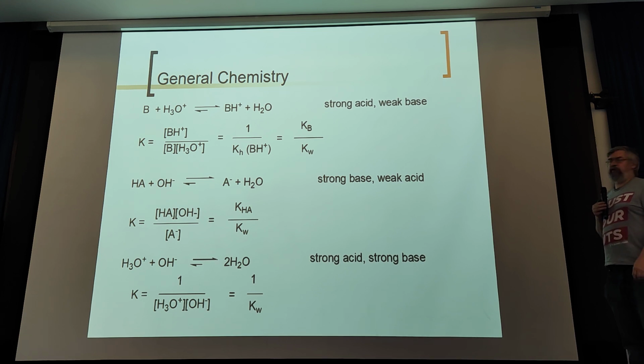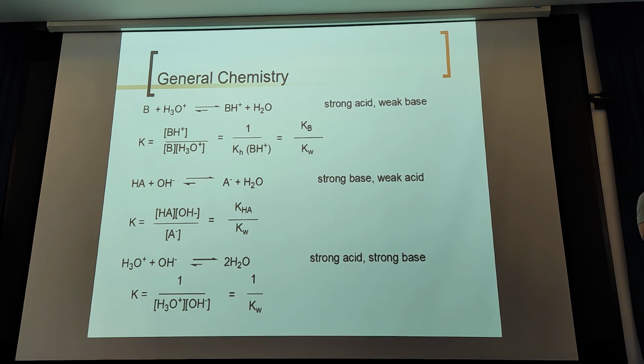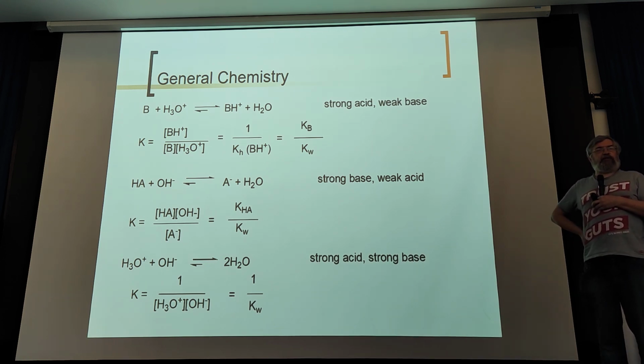If you look at this carefully, you will see that this is actually the reverse of the hydrolysis constant, because the reagent of the hydrolysis is BH+, and the products are base and H3O+.